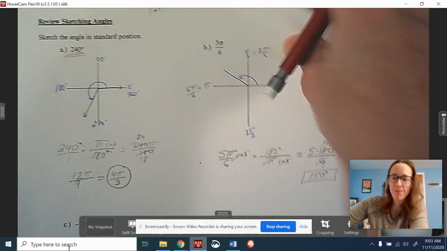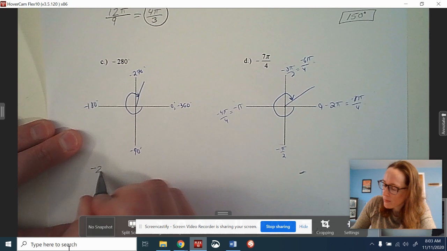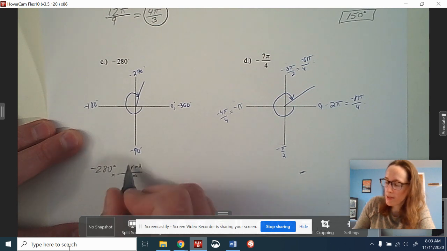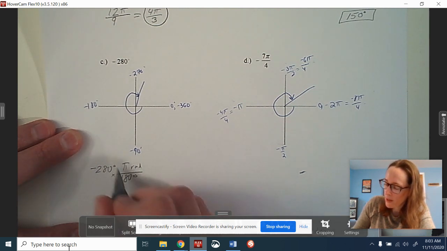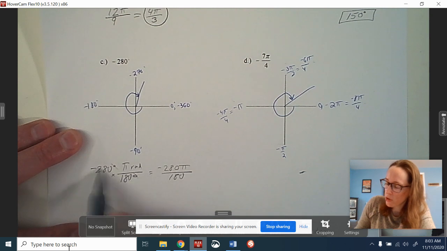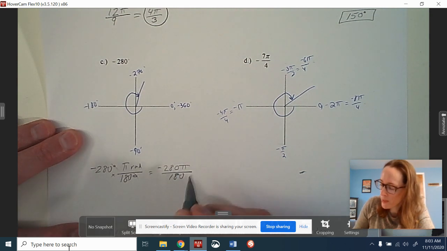All right, 2 more to go. So let's go ahead and convert negative 280 into radians. Since I have degrees up top, I want degrees on the bottom to cancel, and I want radians up top to stick around. So we're going to use pi and 180. So degrees are going to cancel. And you don't have to rewrite it like this. You could actually just start crossing out and reducing here, but I just rewrote it so I could have a little more space.